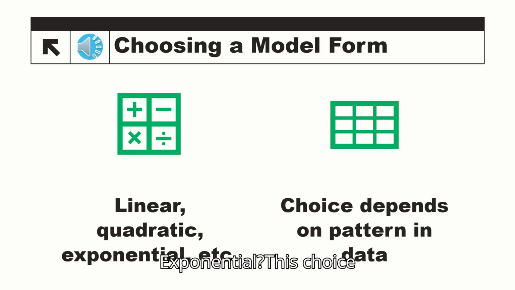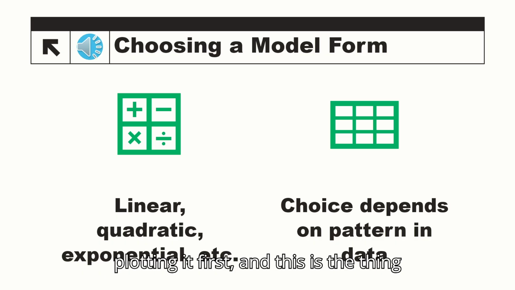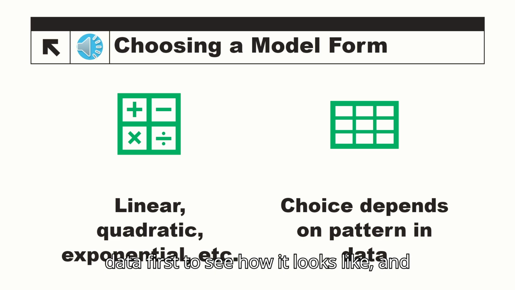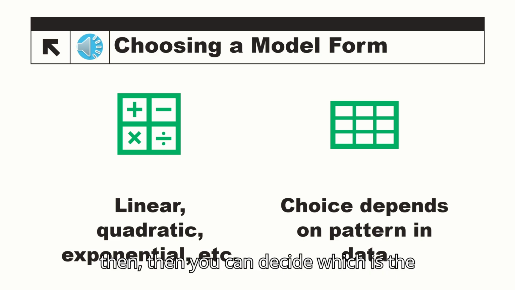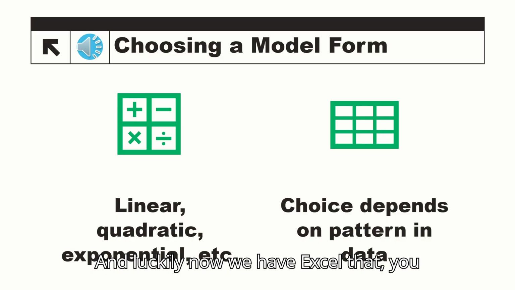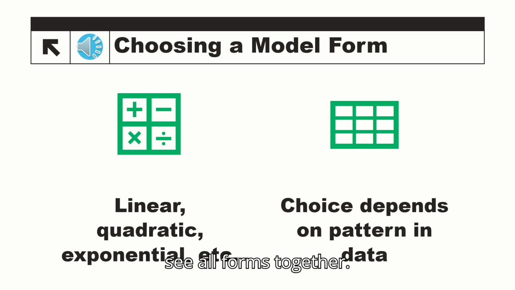Exponential? This choice depends on how your data is behaving. So plot your data first, and this is the thing we've been saying a lot, plot your data first to see how it looks like, and then you can decide which is the best form for your data. And luckily now we have Excel that, at the click of a button, you can see all forms together.